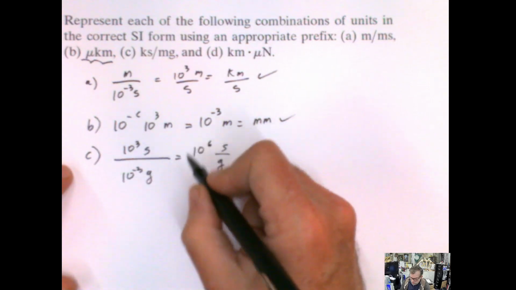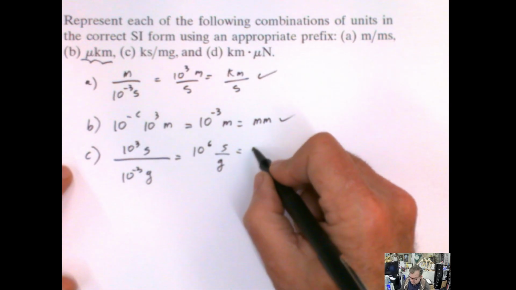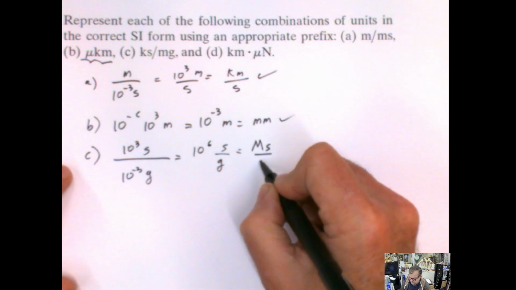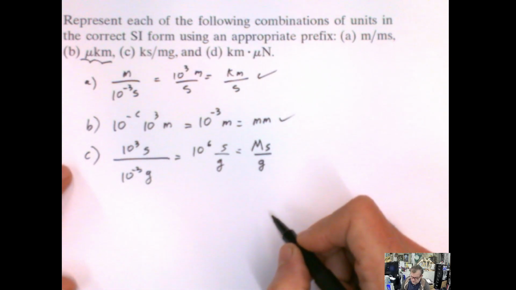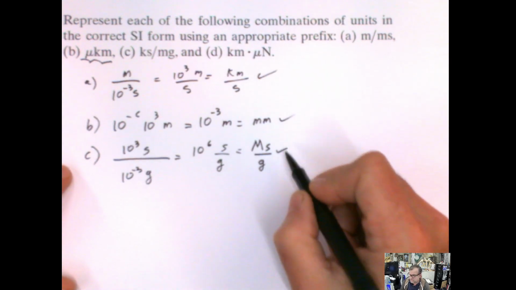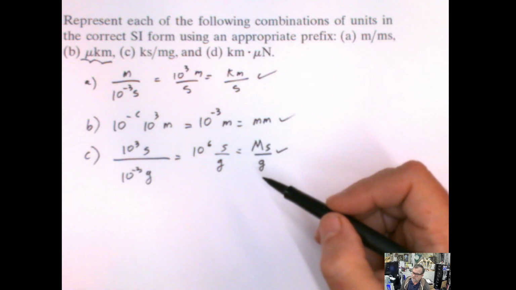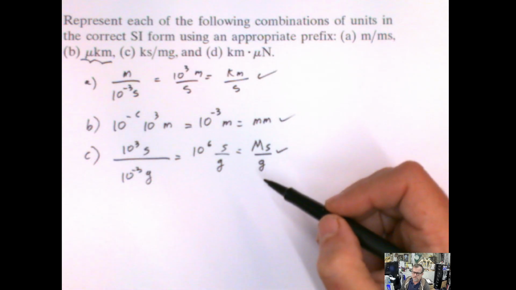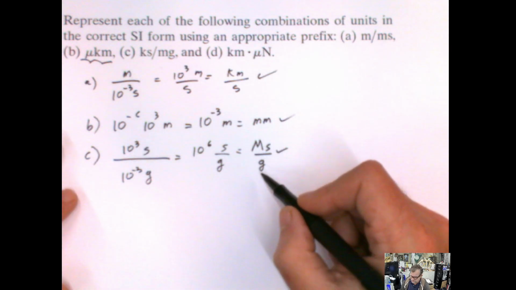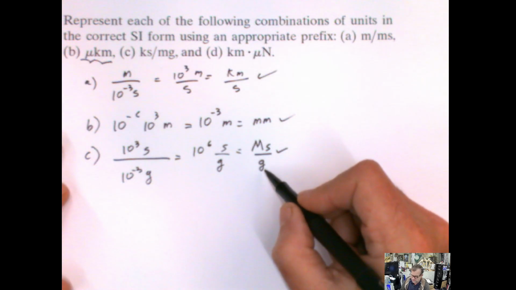Now, you could finish this problem by saying megasecond per gram, and that could be an answer. But in the same way that prefixes are not accepted in the denominator, kilogram is well seen in the denominator. So let's convert this into kilograms here.